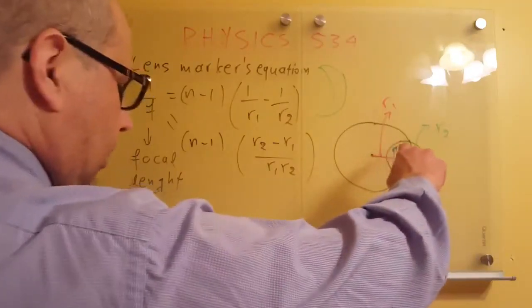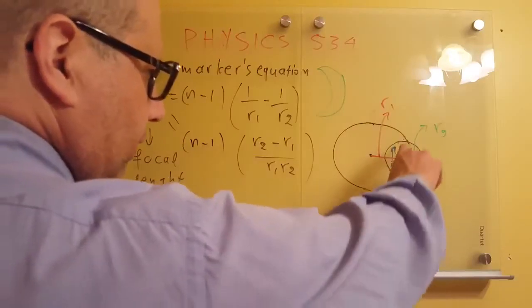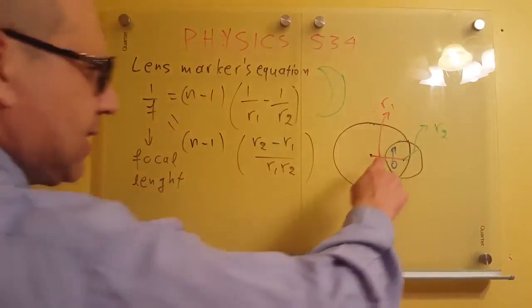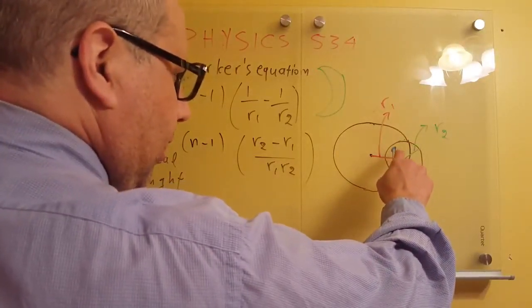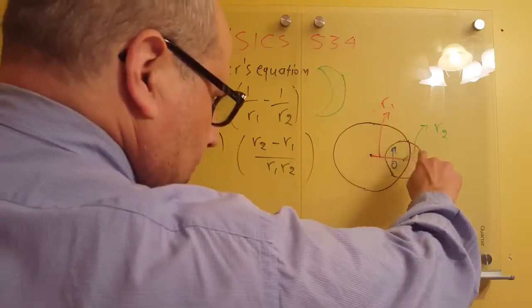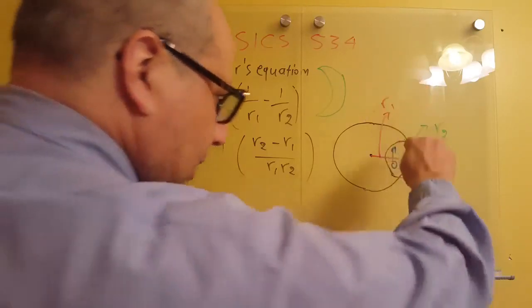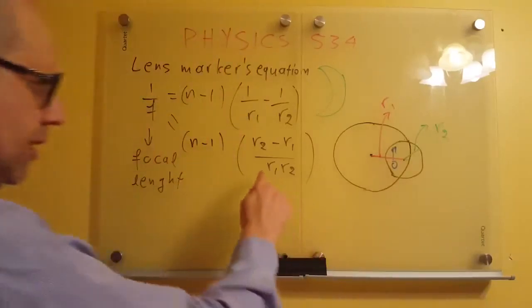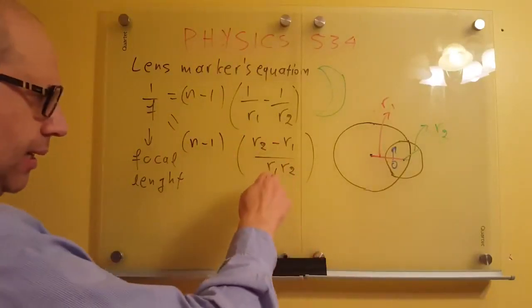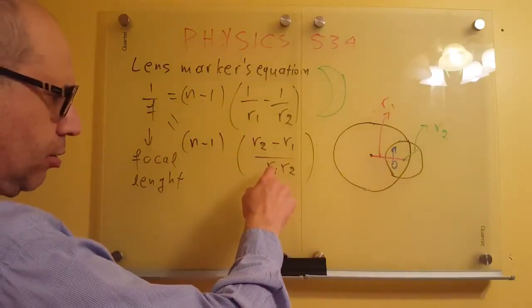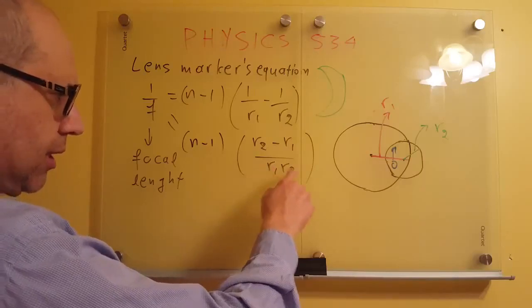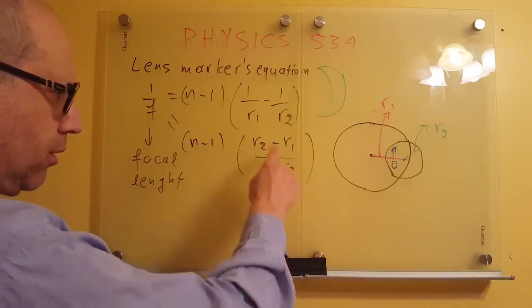Because this here is a concave lens, that means that R is negative. And of course, this here is a concave lens, so again the R is negative. So that means that R1 and R2 are negative, so that means that R1 times R2 is positive.